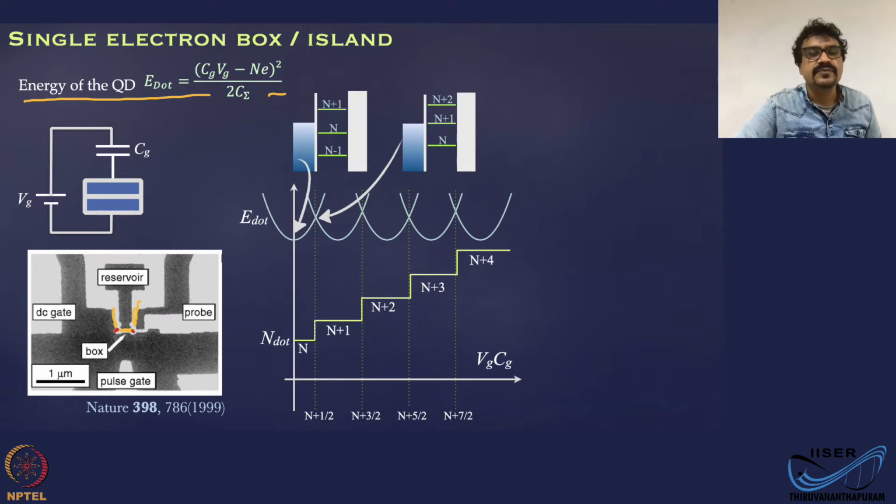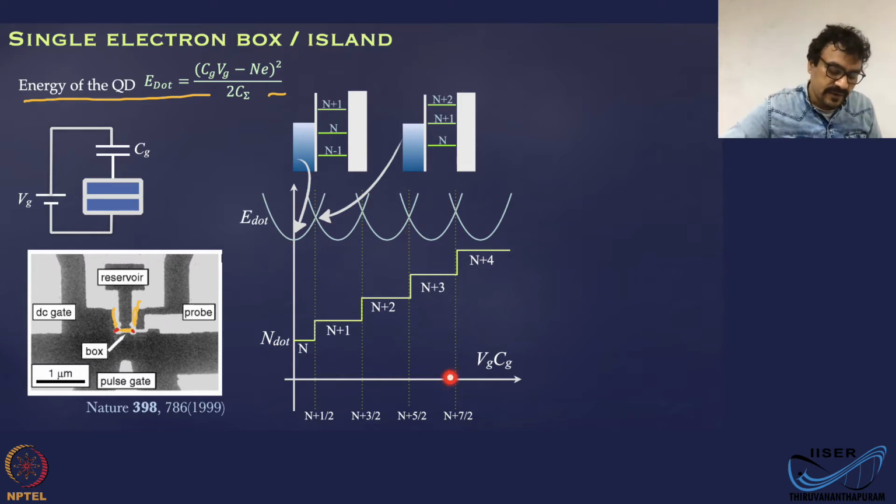Now, when you vary this gate voltage, you are lowering or raising the electrostatic potential of the dot in a continuous manner. So you will get this parabola, but there is another lower energy state when you vary the gate, which corresponds to the n+1 charge state, or an extra electron on the dot.